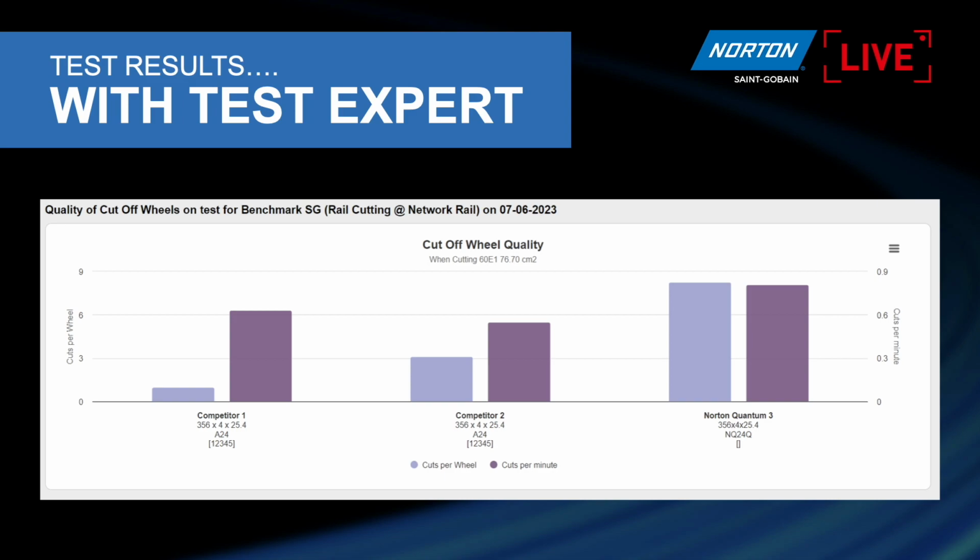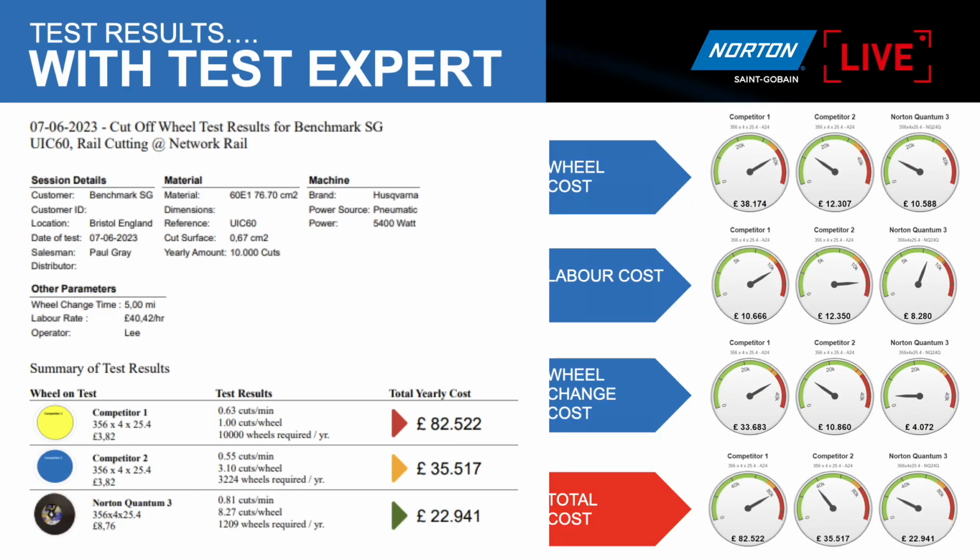But then we're always interested in costs, aren't we? So if we look at the next slide on Test Expert, it makes it very clear, Derek. Exactly. So if you go and look at where the costs are, if you can imagine, if you can make 3 or 4 cuts with one disc, and one cut with a competitor disc, it saves you 4 times changing a disc.